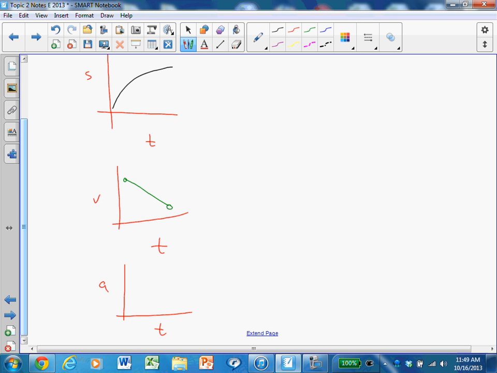And we can see that because what is delta S over delta T? Right, our average velocity. So the slope is going to bring us the velocity. Make sense?